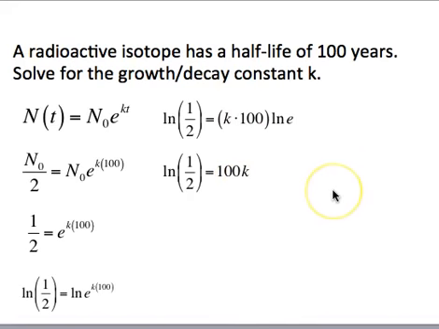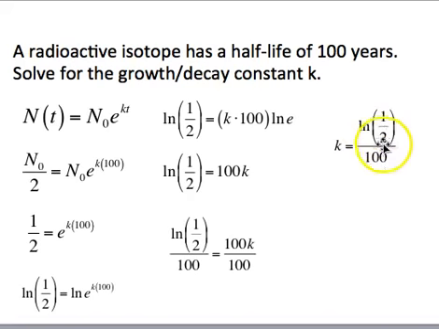Natural log of 1/2 is 1 times 100 times k. To solve for k, we'll divide both sides by 100. And we have k is natural log 1/2 over 100. Except you can make this a little simpler because you could use your property of logarithms to recognize that the log of the quotient is the difference of the logs. You could say k is natural log 1 minus natural log 2 over 100. And you could remember that the natural log of 1 is 0. So that would just become 0 minus natural log 2 over 100.